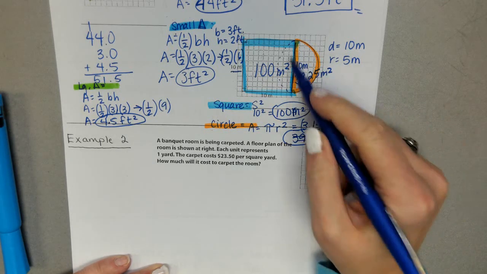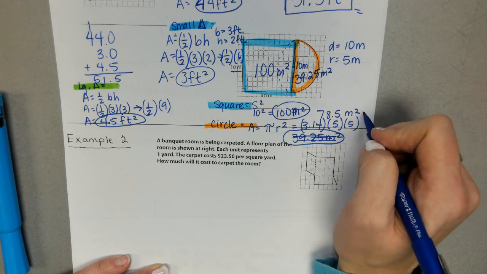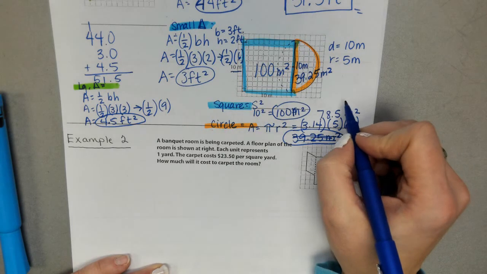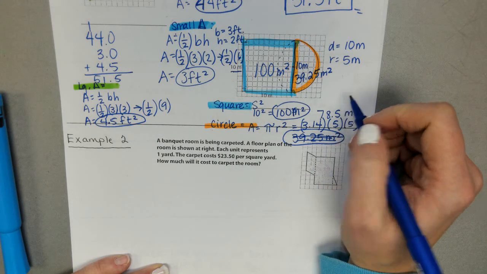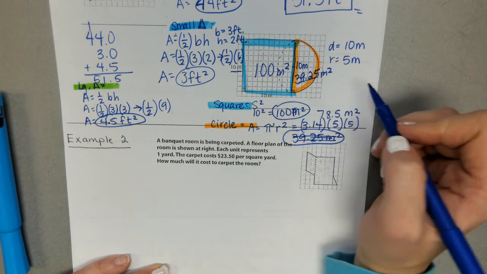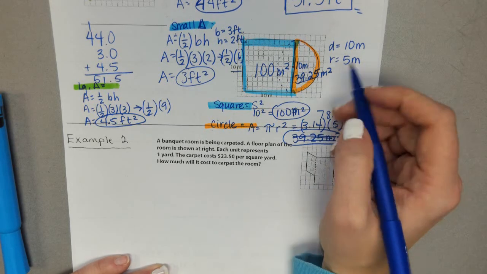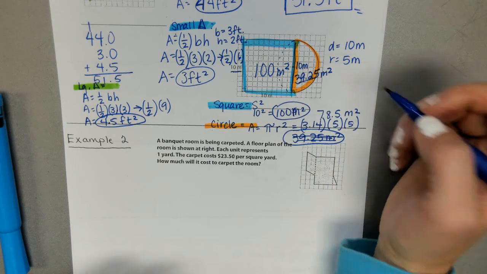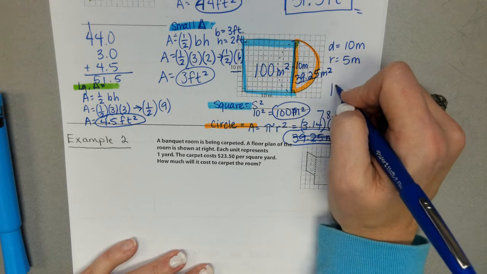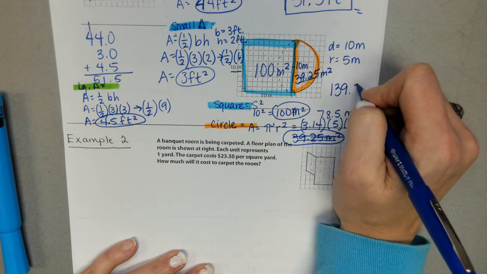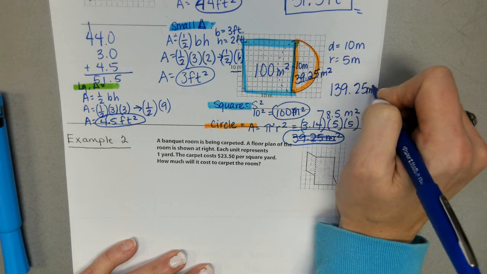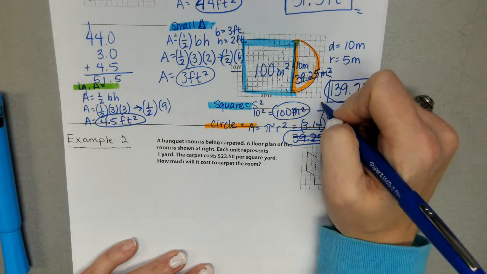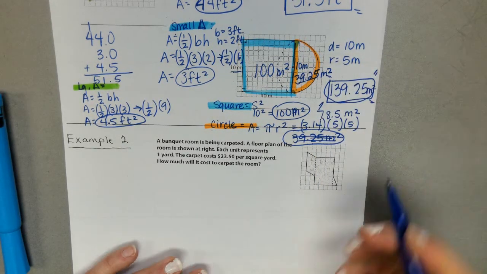That's what this whole circle would be. But we have to divide that into 2 because this is a semicircle. It's only half of that. So 78.5 divided by 2 is going to give you this 39.25. Okay, 39.25. So now we need to add 39.25 and 100. So that's pretty easy. The whole thing is going to be 139.25 meters squared. Okay, this whole figure.